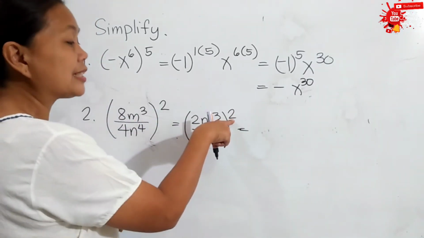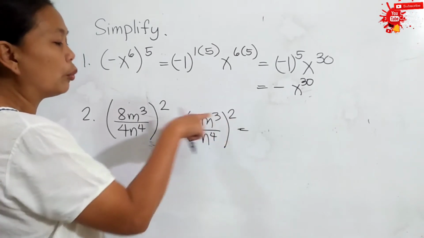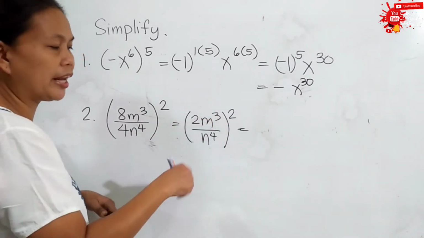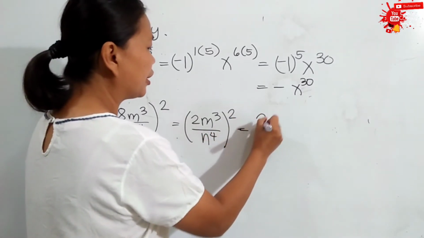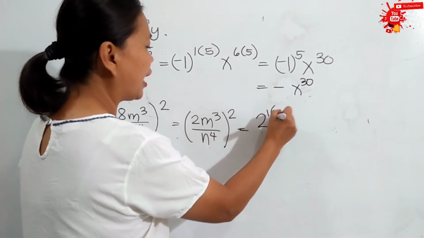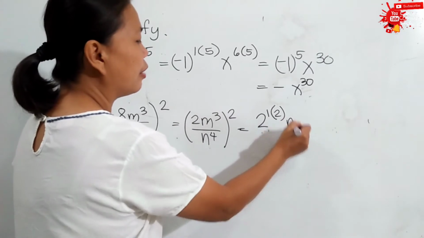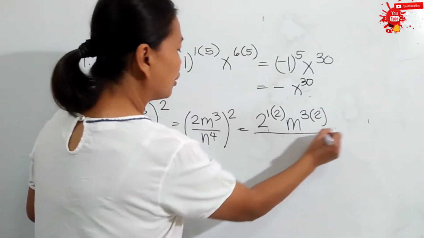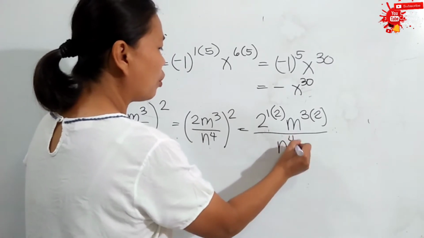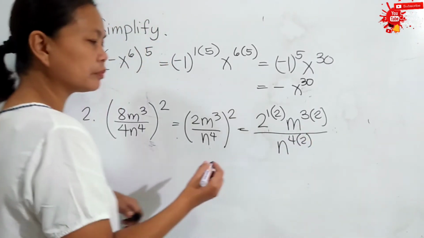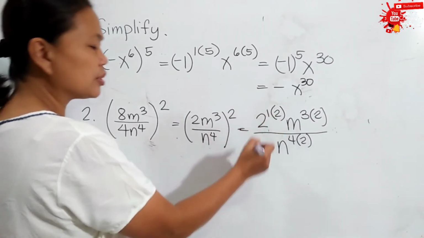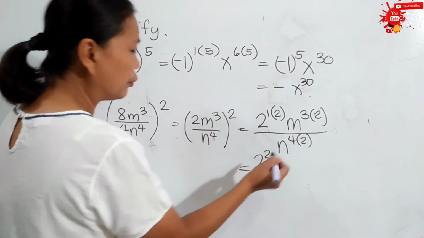Now let us distribute 2 to each of the number and variables inside the parentheses. So we will have here 2 raised to 1 times 2, m raised to 3 times 2, over n raised to 4 times 2. And then let us simplify. What is 2 raised to 1 times 2? We have 2 raised to 2.